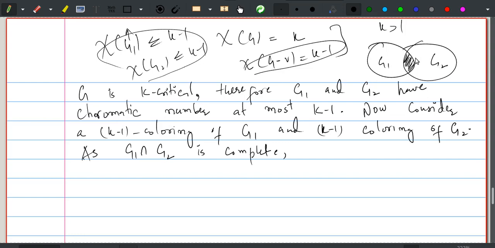So to take care of this situation, we recolor the vertices of either G1 or G2 such that these vertices have the same coloring in both cases, i.e. if we consider these vertices to be the vertices of G1 or of G2, in both cases they get the same coloring.